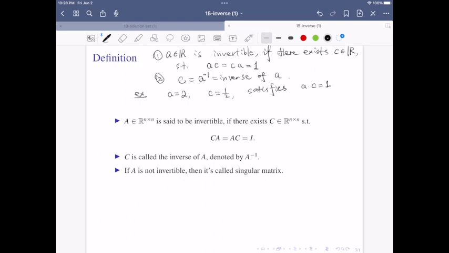So that means C is reciprocal or inverse of A. So in that case, we can write C as A inverse.